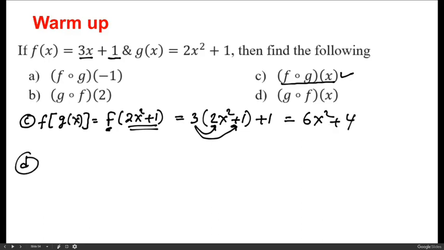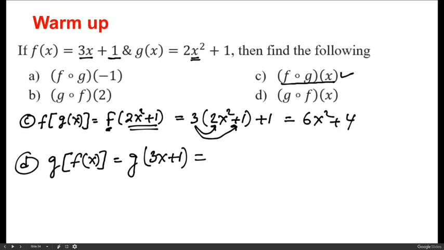Similarly in D, we have to find g of f of x. f of x is 3x plus 1, so you have to plug in 3x plus 1 in function g.